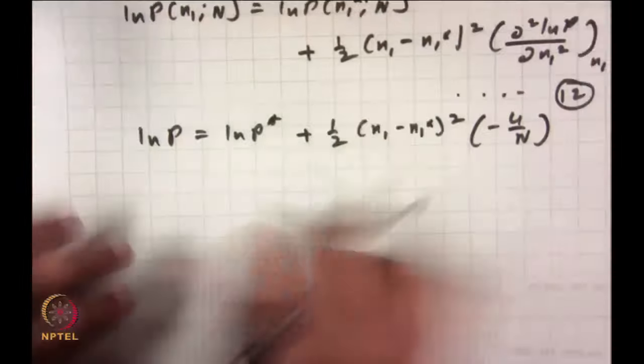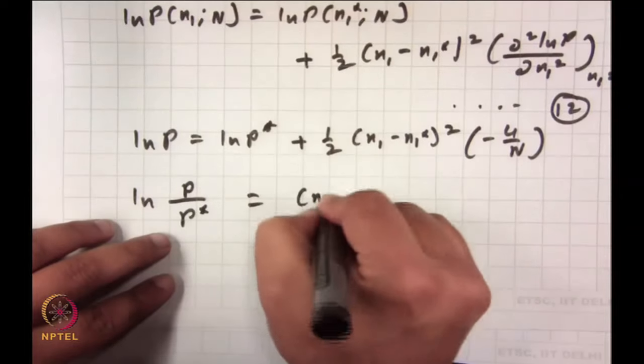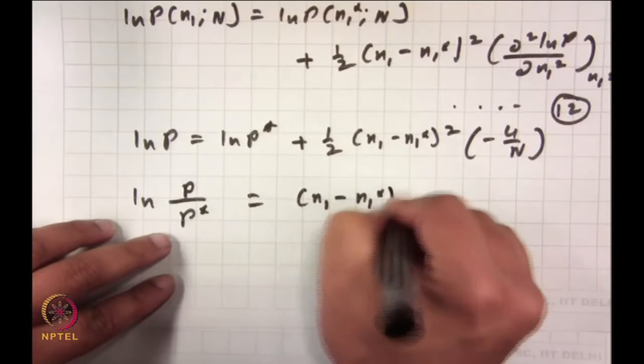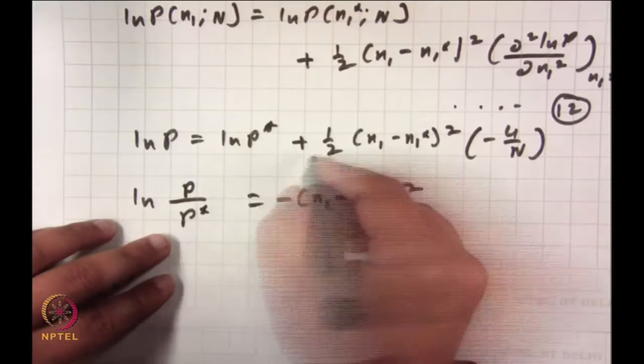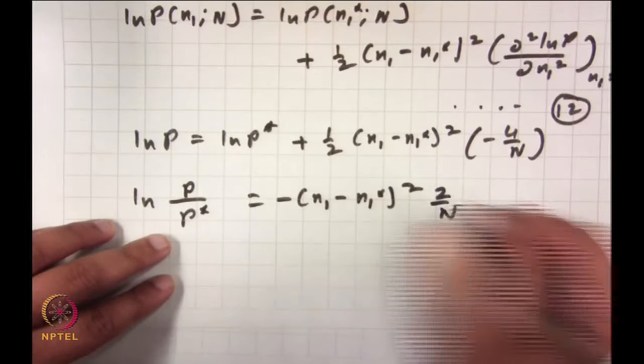Or I can write ln p over p star is equal to n1 minus n1 star squared, this negative sign comes here, right, this 2 cancels, I have 2 by n.